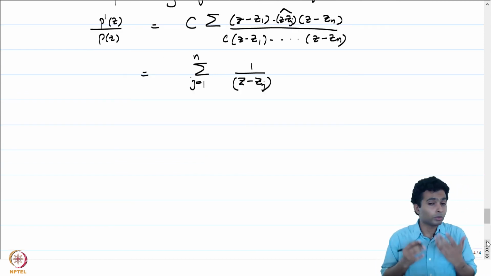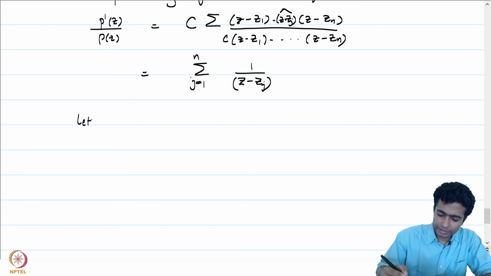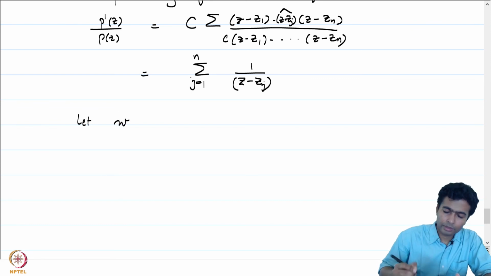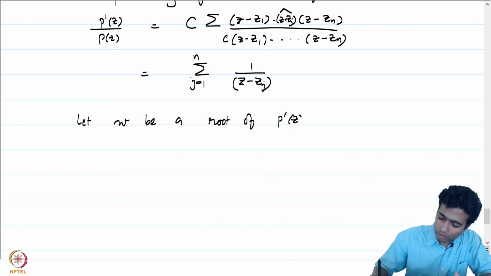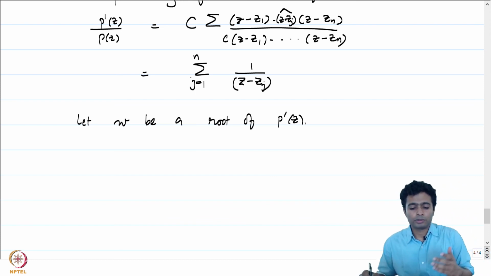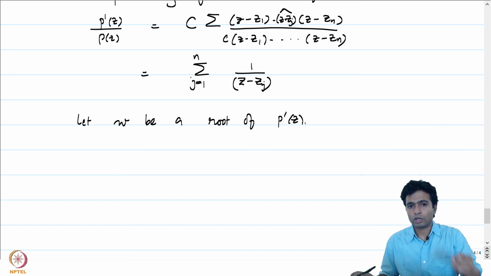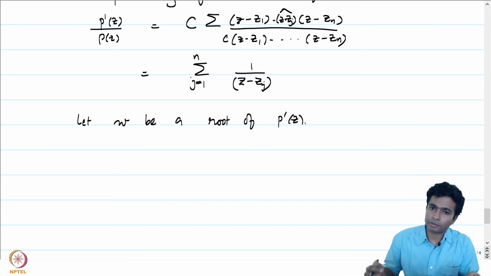Let us now consider the roots of P prime. Let w be a root of P prime of z. If w is one of the roots of P of z, then we don't have anything to prove because it's already in the set of roots, which in particular is a subset of the convex hull.